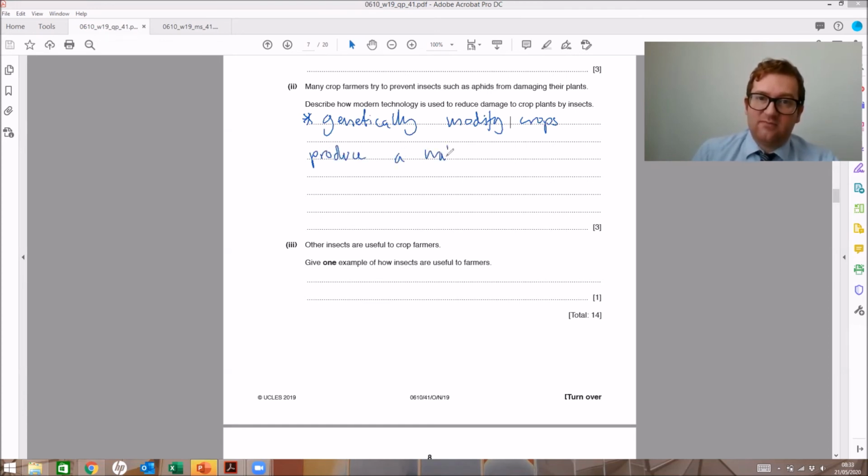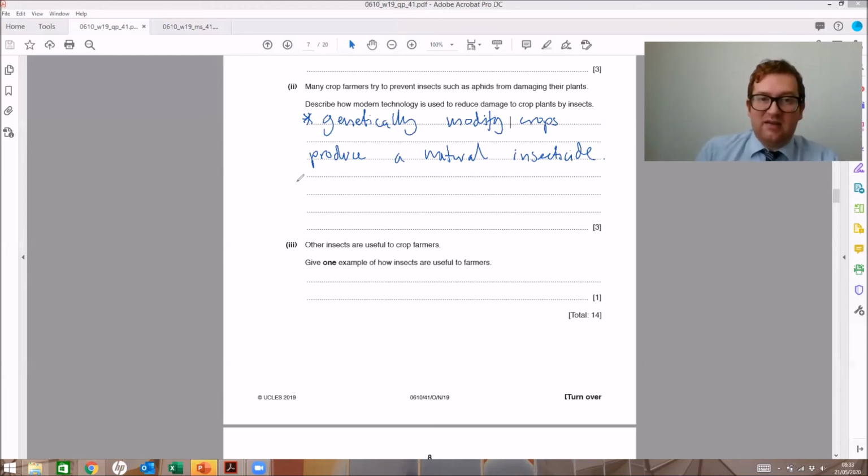And as a result, what would happen is the aphid would try and eat the plant, and they'd consume this insecticide, and it would die. Now, this obviously reduces the impact on the environment because you aren't spraying chemicals all the time. But again, that's side information. You don't need to go there for this question.